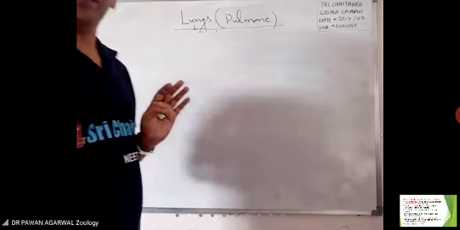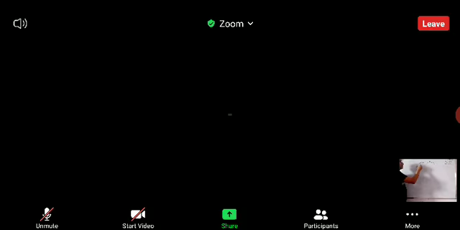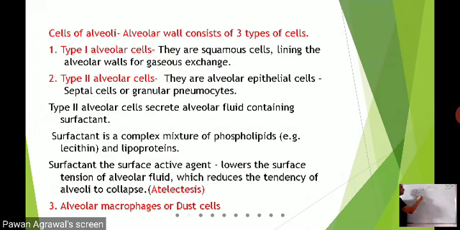The third type of cells present in the alveoli are known as alveolar macrophages, or dust cells. They are the phagocytic cells of the lungs, the phagocytic cells of the alveoli.